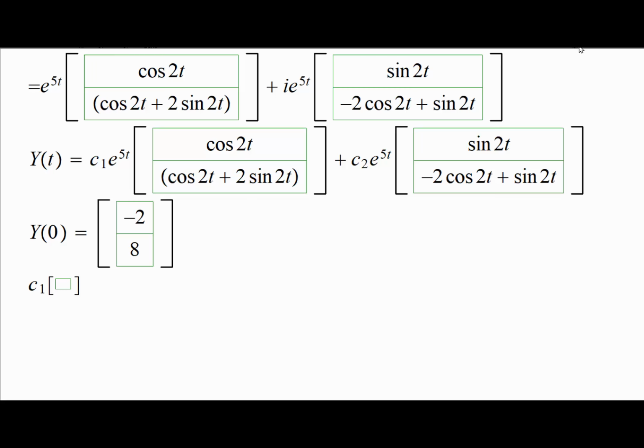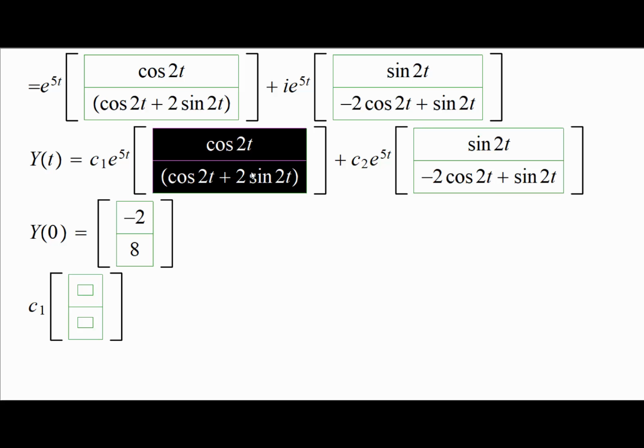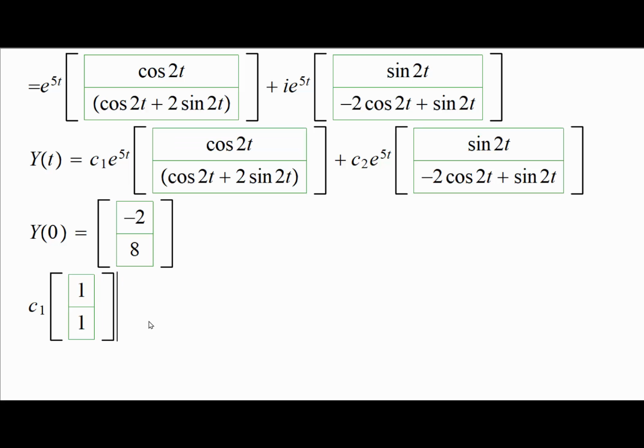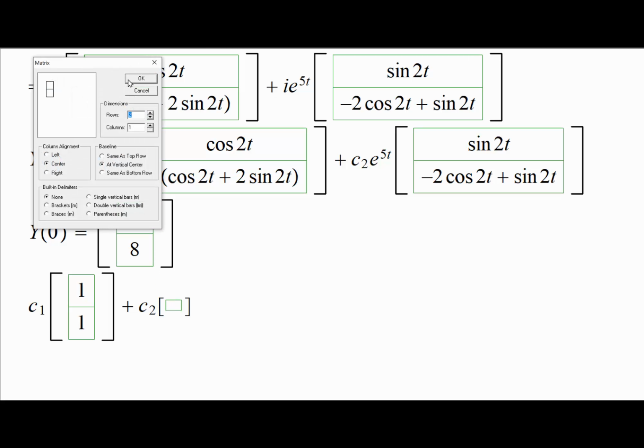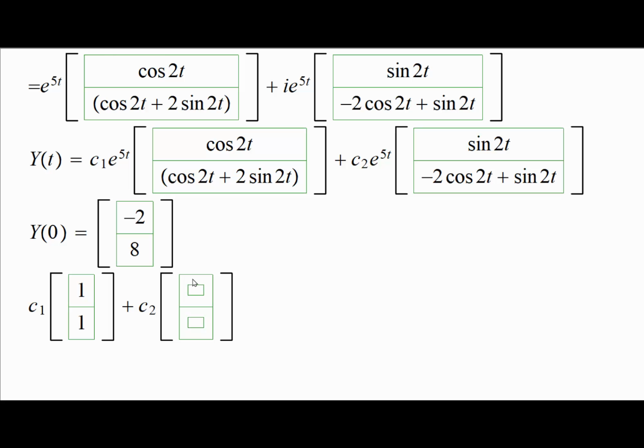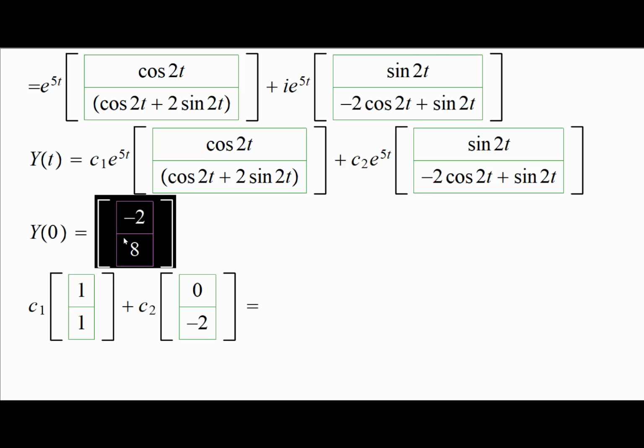And then what do we get for this one here? We'll get 1 here and a 1 here. So we got c1 times 1, 1, plus c2 times, then we will have sine of 2t is 0, right? So we have 0, negative 2 here, and that whole thing becomes what? Negative 2, 8, right?